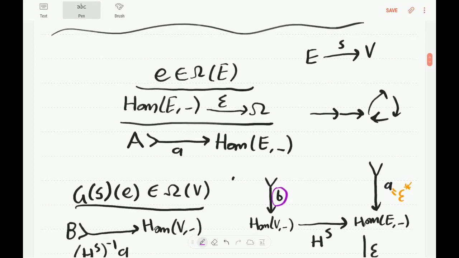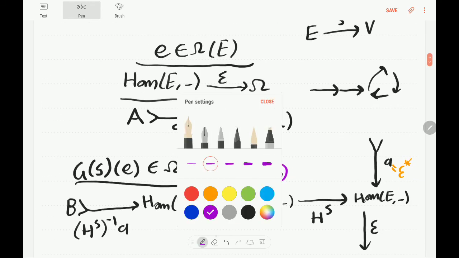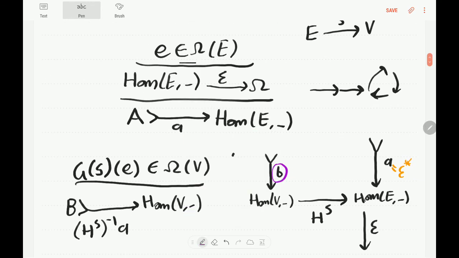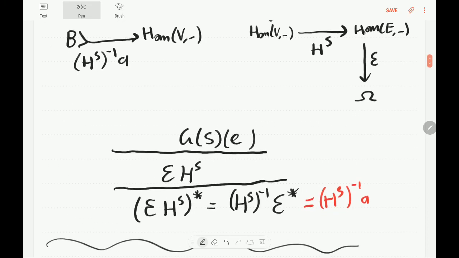So, basically, if we're thinking of the elements of our subobject classifier as corresponding to these subobjects of hom e comma blank, then doing the S action on them corresponds to pulling back such a subobject along h to the power of s, okay?